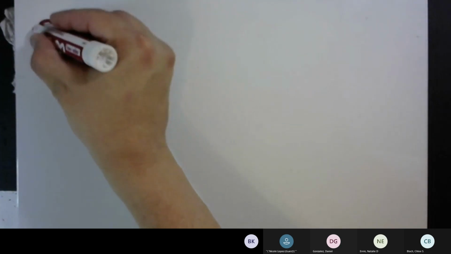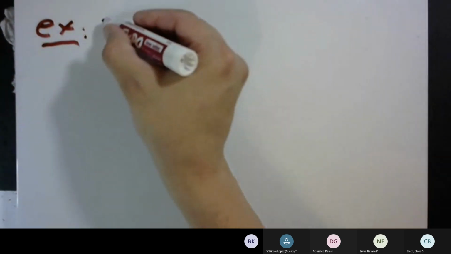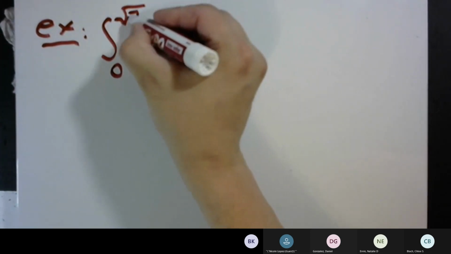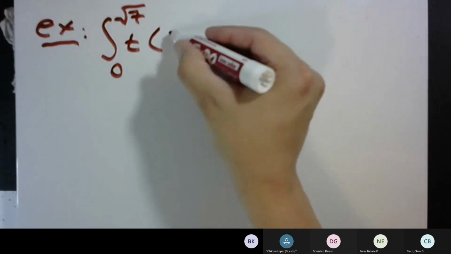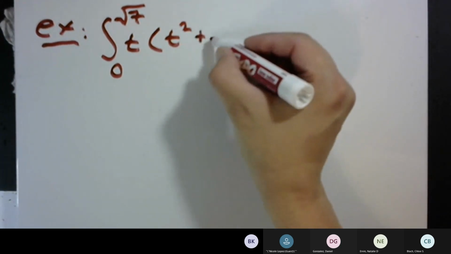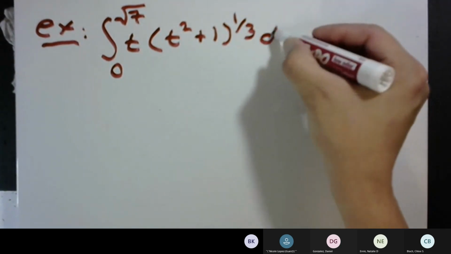So, for example, the integral from 0 to the square root of 7 of t times (t squared plus 1) to the 1/3 dt.